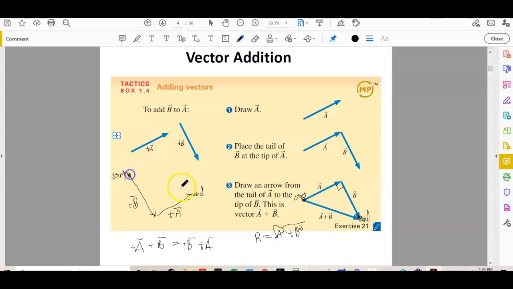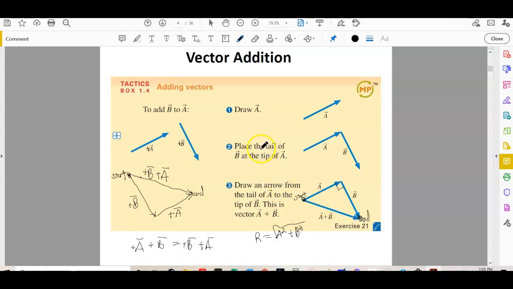So if you started here and then you ended right here, then that is the resultant vector, and that resultant vector would be B plus A, which is equal to A plus B, right? So see how this vector is the same as this one? Since I'm free drawing this, it's not the exact same size, but they are the same vectors. Okay? So it doesn't matter the order in which you do vector addition. You just have to follow the procedure.